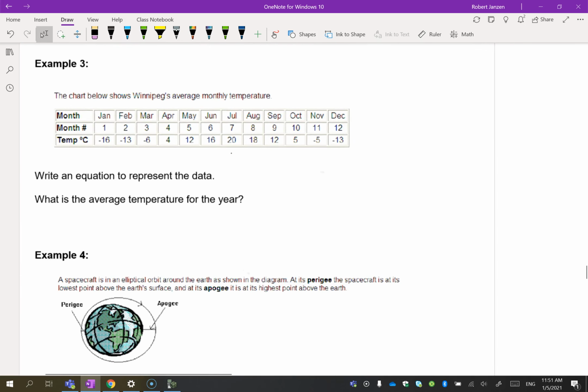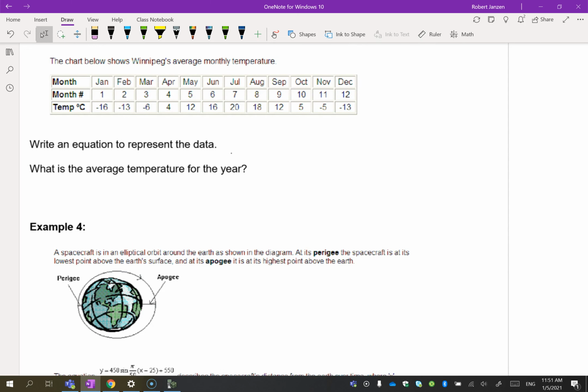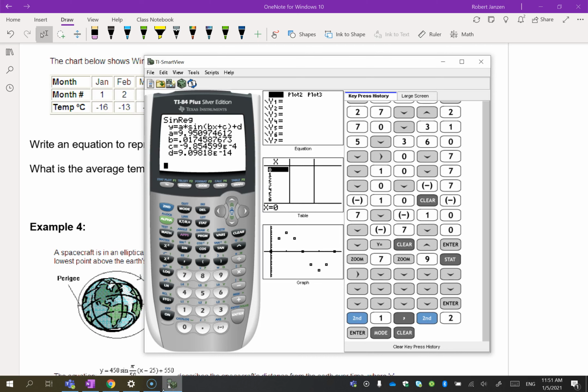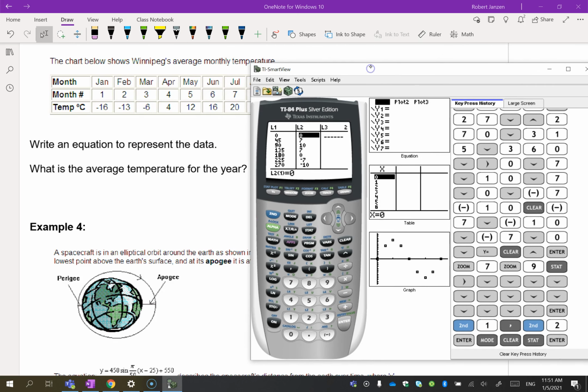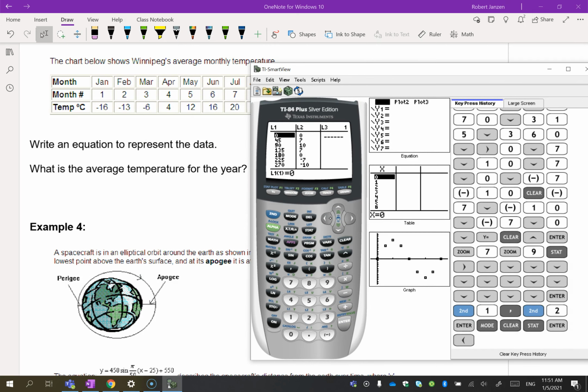Let's do this one with a calculator. So this time, instead of doing it by hand, we're going to put it all into here. So let's go over to Stat, Edit.